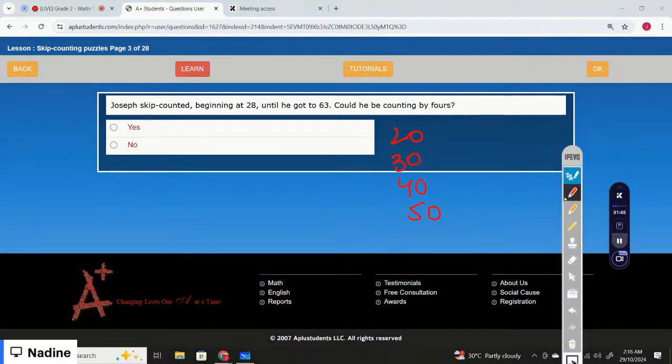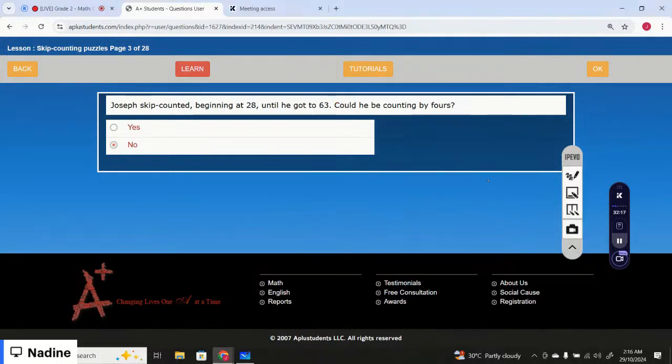Let's see if we have 63. 28 and 4, 32, 32 and 4, 36, 40, then 44, 48, 52, 56, 60, 64. No, you don't have 63, right? That means he's not skip counting by fours, because he got 63, but we haven't got 63. The correct option is no.